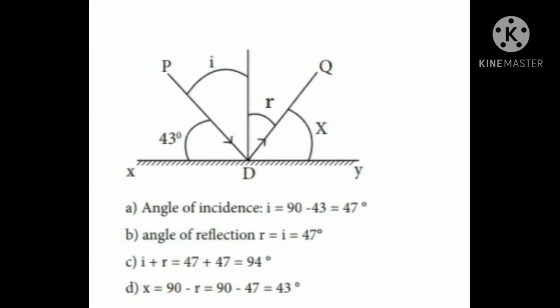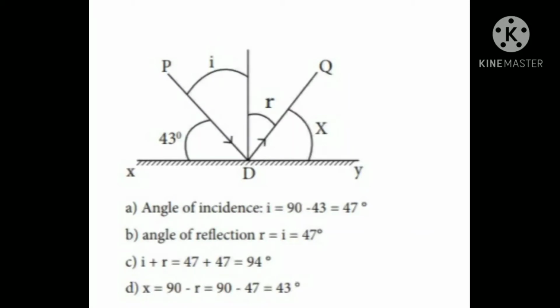We know the normal line makes a right angle, that is 90 degrees. So the angle of incidence can be found by subtracting from the right angle, that is 90 minus 43 equals 47. The second question is to find the angle of reflection. We know from the laws of reflection that the angle of reflection is equal to the angle of incidence. So the angle of reflection is 47 degrees.